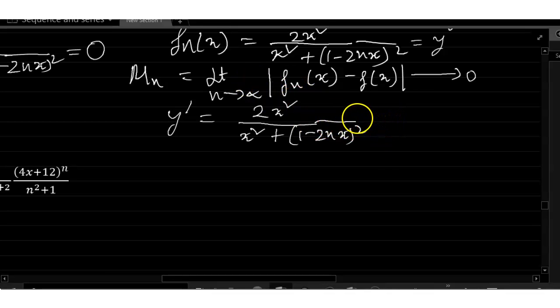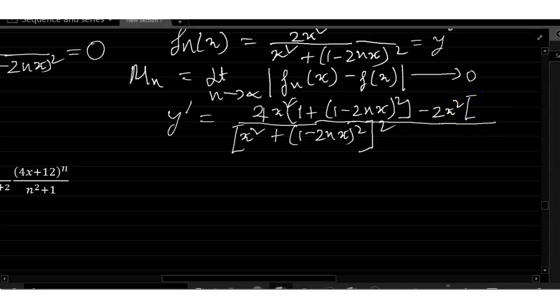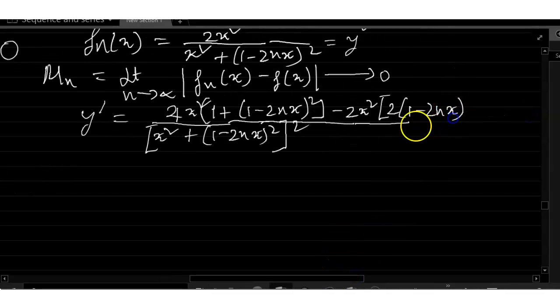So y dash equals zero gives 4x times (1 plus (1 minus 2nx) whole square) minus 2 into (1 minus 2nx) and so on, equals 0. So we get x is equal to 1 by 2n.